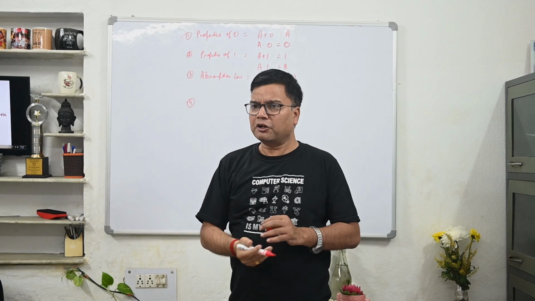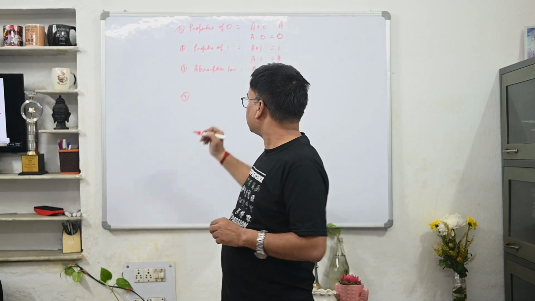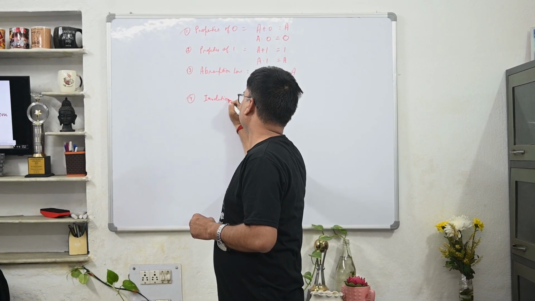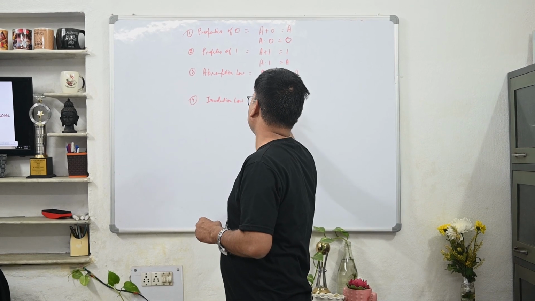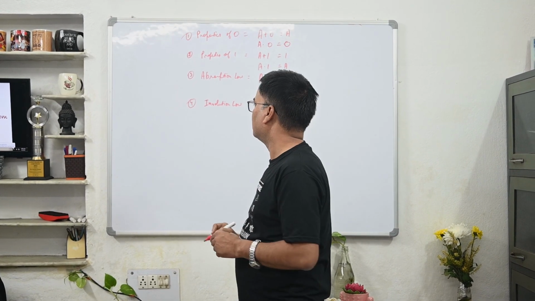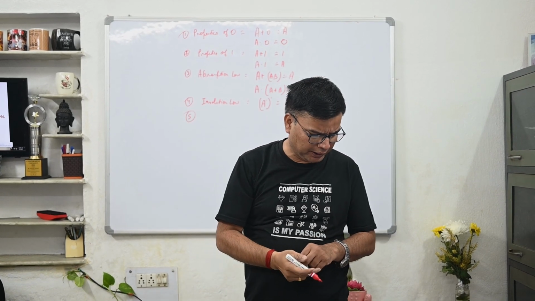For every law you need to understand its logic and the statement. Next law is involution law. This is also known as double complement law. A double bar is equal to A. We already discussed this. So involution law is A double bar equal to A.